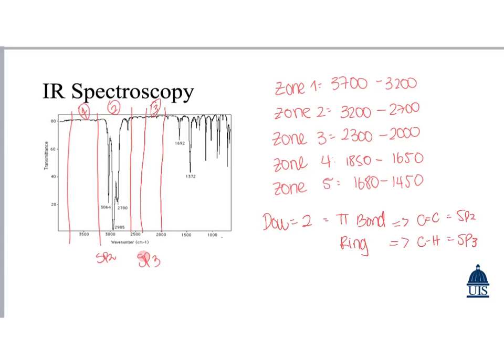And then we get to zone 4 around here, and we see a peak at 1692, and this will help us to confirm the presence of the double bond. Then zone 5 from 1680 to 1450, so about here. And also this peak at 1372 helps us to confirm the double bond between carbon and carbon.